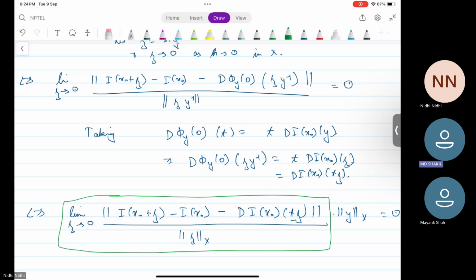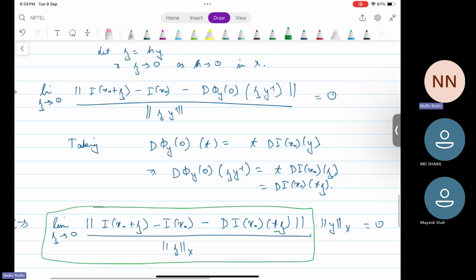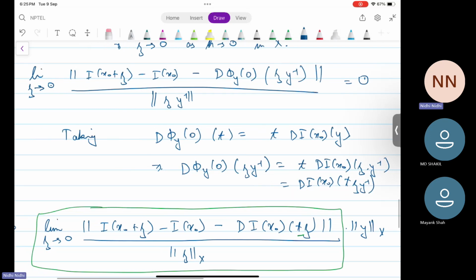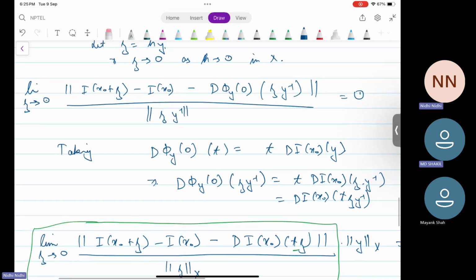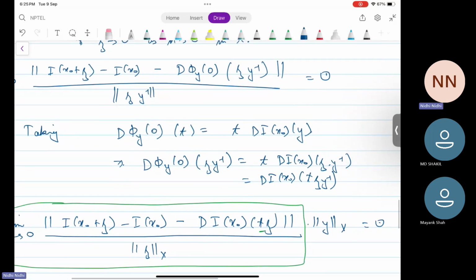T should be replaced by z y inverse there, so we should have y inverse also here. And this will be dI x naught at z y inverse, something like this, in place of t. Okay, I'm so sorry.